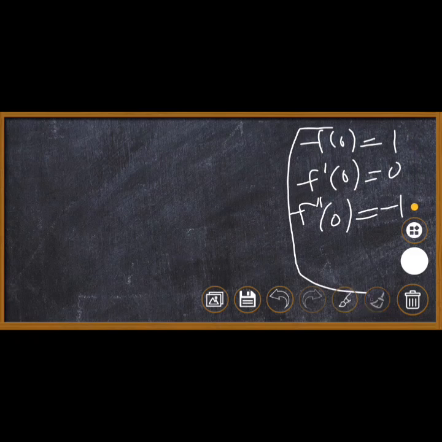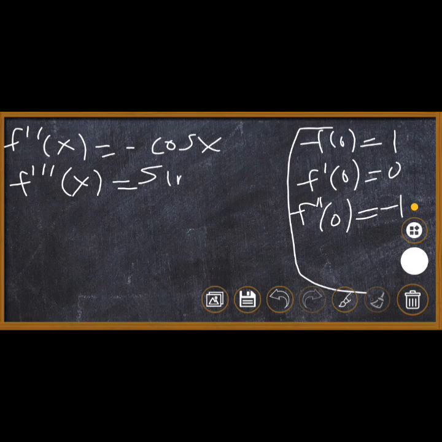So in this case then, remember that the second derivative we had of x was negative cos of x. So what is the third derivative of negative cos of x? Well, the derivative of negative cos of x is sine x. So in this case then, we are going to replace where there is x with 0.